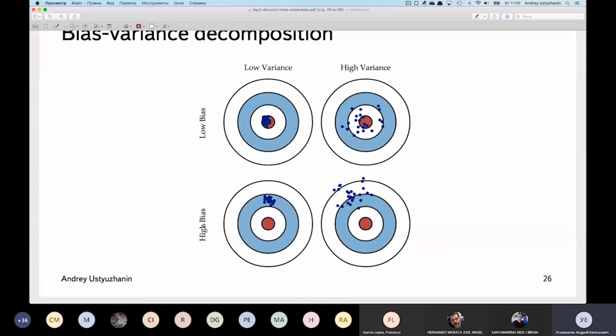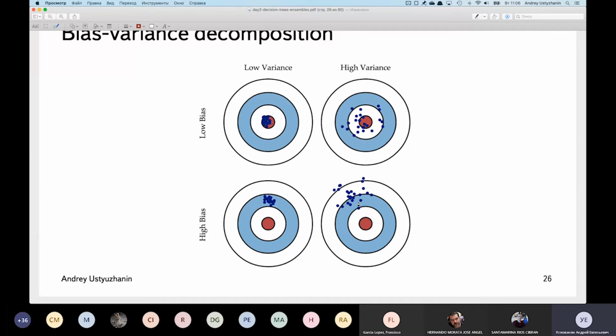On the contrary, there is another mode that is called high bias. The sample is shifted from the center, and it could be shifted but very close to each other. It means that we are biased by some external data or maybe the algorithm. Most likely it could be both, or we could be biased and we might have high variance.